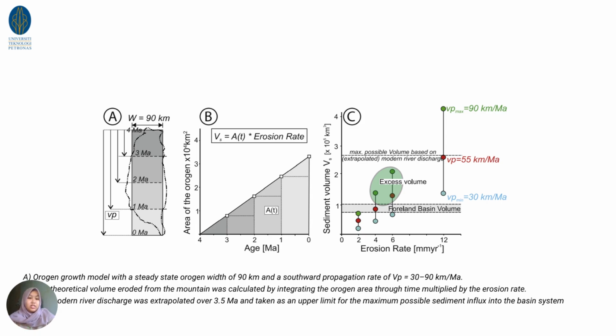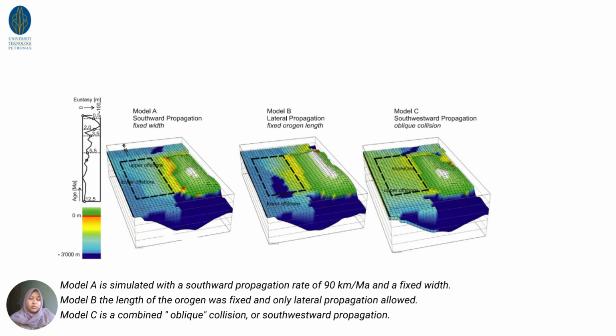B is a theoretical value eroded from the mountain. And C is the modern river discharge, which is stated in the report as river discharge flowing to the east, currently 45%.